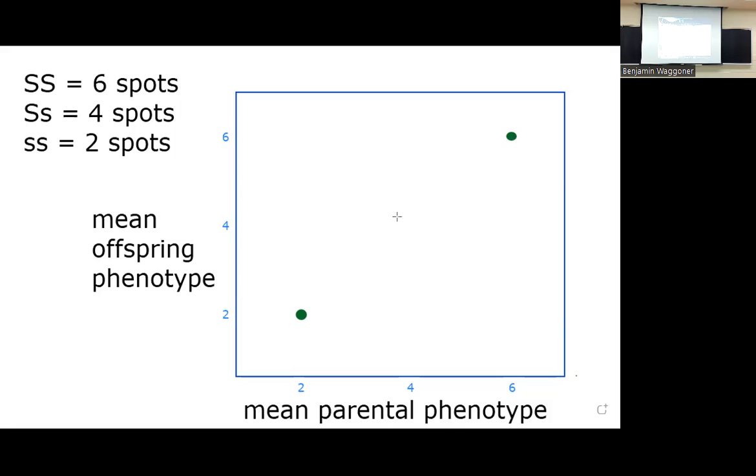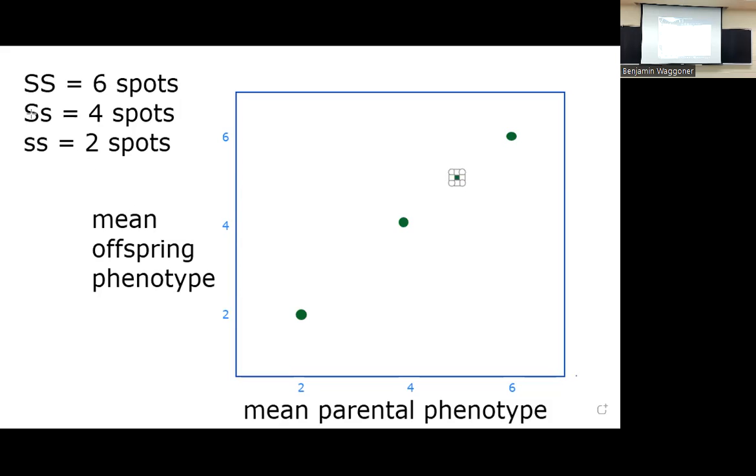So we can put another spot right there. Okay, watch this. Suppose we cross big S big S with big S little s. So one parent has 6 and one parent has 4. The average is 5. If we cross a big S big S with a big S little s, half the offspring will have 6 and half will have 4. What's their average? 5. All right. So we can put a point right there.